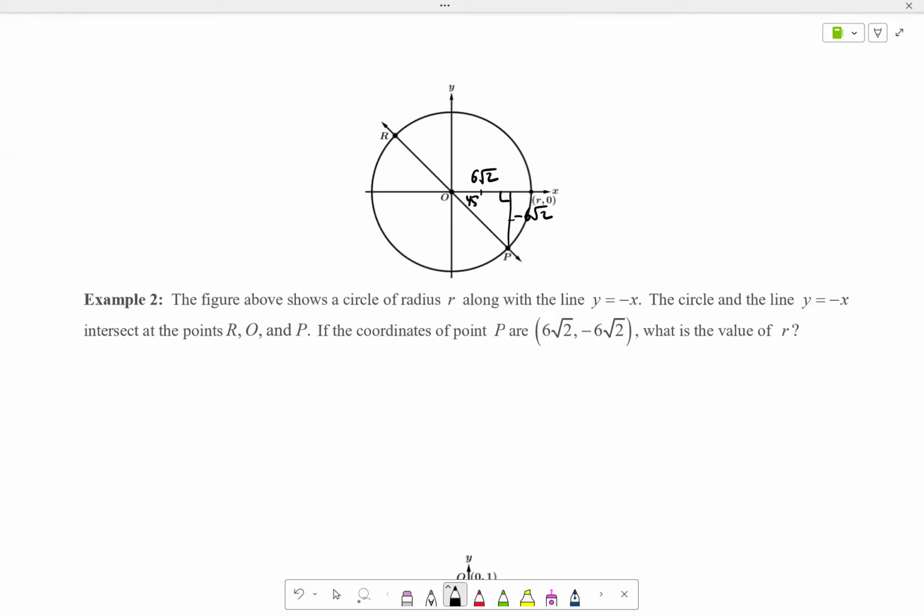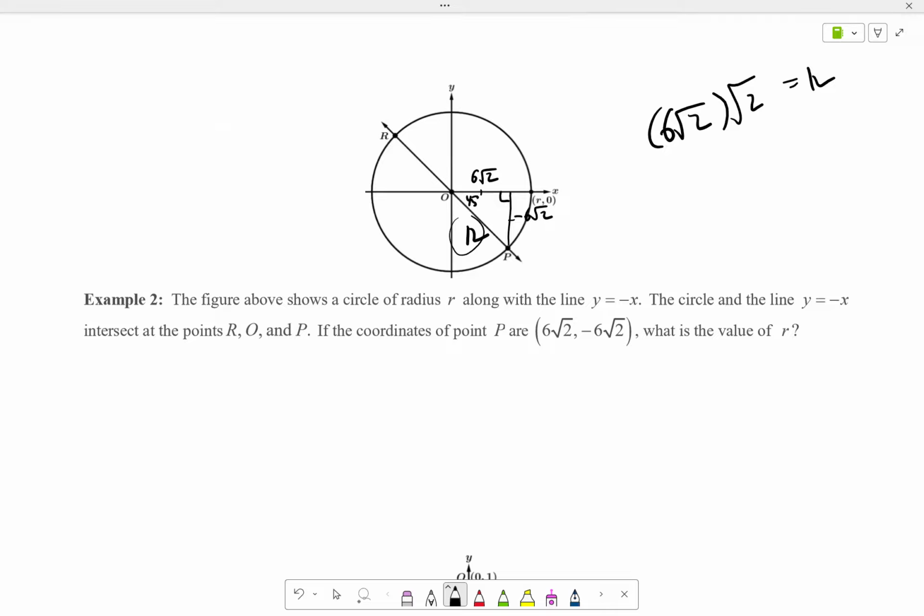Are we sure that's 45 degrees? With that slope, down one over one, yes. Then it's just x and x root 2. This hypotenuse, you just take the leg and multiply by the square root of 2. So 6 root 2 times root 2 is 12.